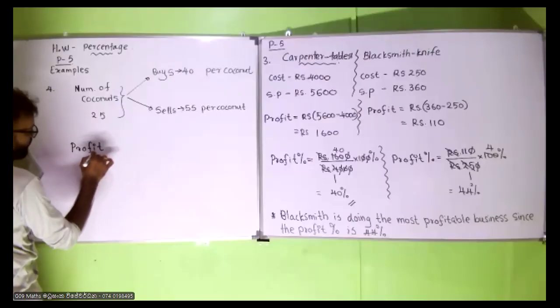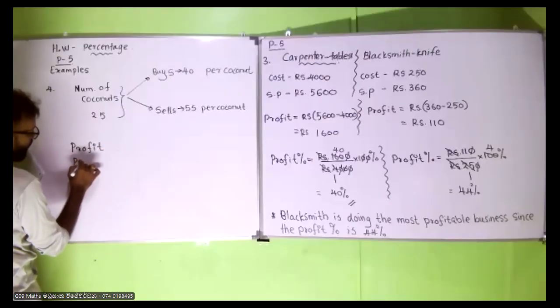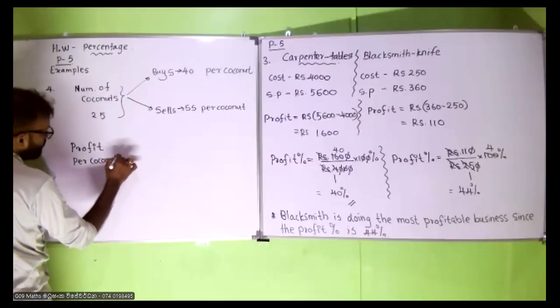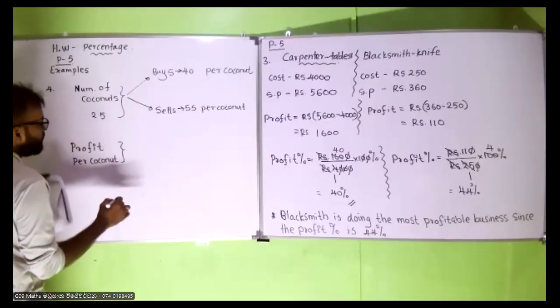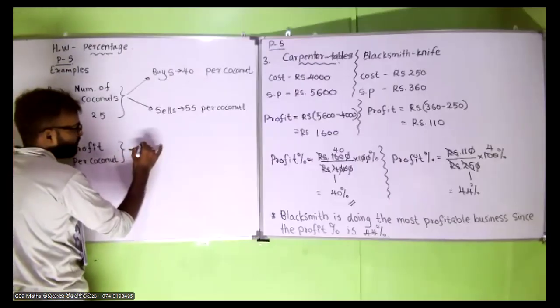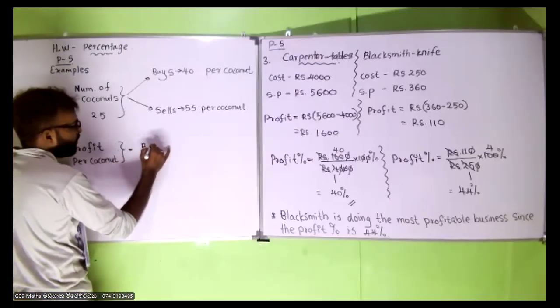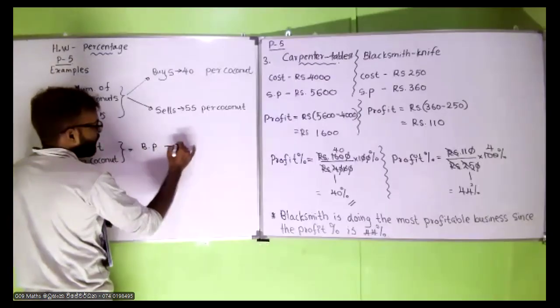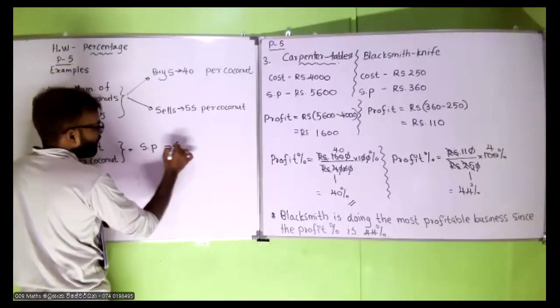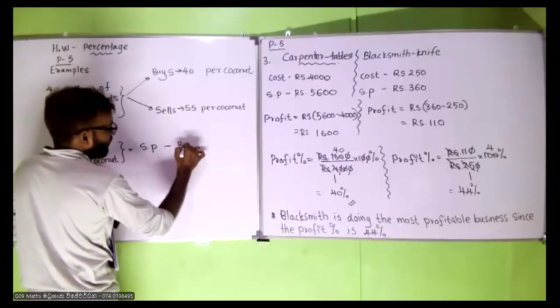Profit per coconut equals selling price minus buying price.